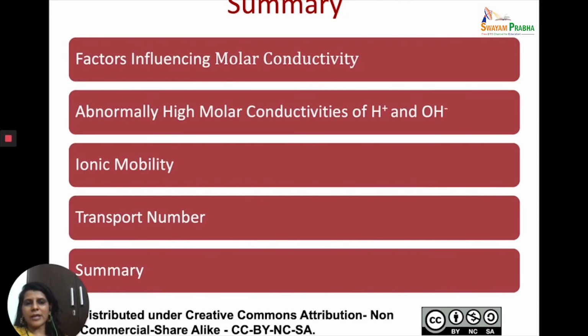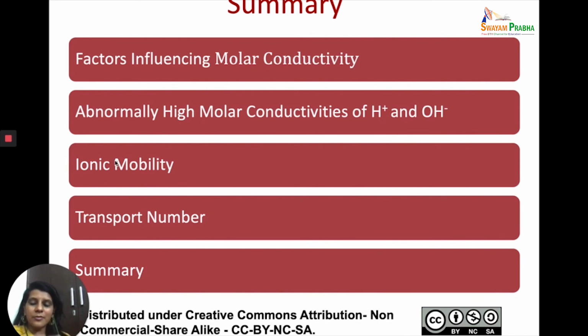So this way we have seen how ionic speed and ionic mobility are related. Just to recall what we did in today's class, we looked at the factors which influence molar conductivity. We looked at Grotthuss mechanism to explain the high molar conductivity values of H plus and OH minus.